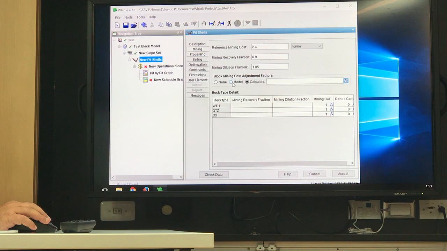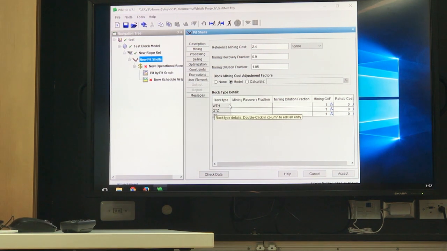In this case, you go with the model, and as you can see here, we have all ones. But let's say one of these rocks is very competent. It requires more cost for drilling and blasting. Let's say the drillability of the rock is much lower, and it requires a higher powder factor to blast it.